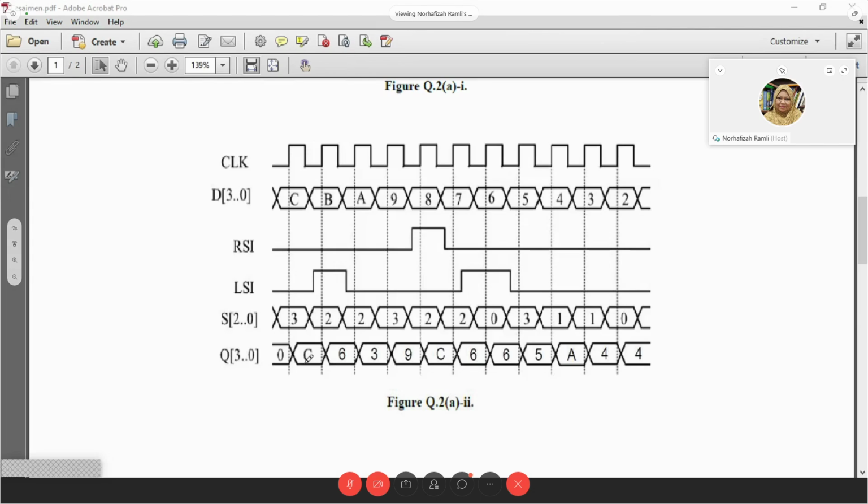Okay, this is yours. So you have 6, 3, 9, C, 6, 6, 5, A, 4, 4. Okay, correct. It's just that in terms of marking, it is easier if I mark like this.